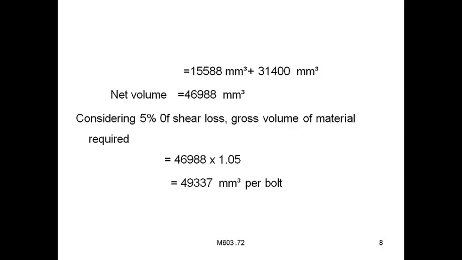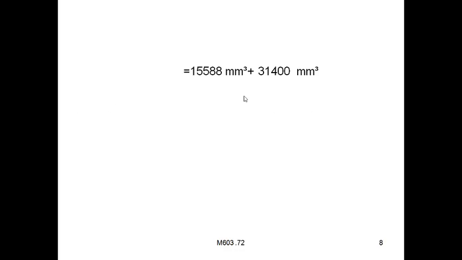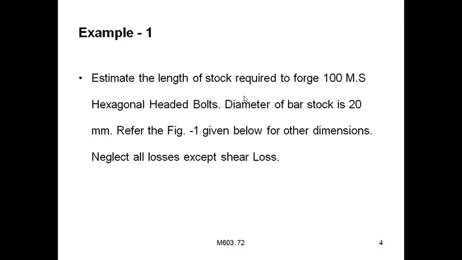So this is the gross weight. Let L be the length of the bar stock. So as of now he is asking to calculate the length of the bar stock required. Now you go back to the problem: estimate the length of the stock required to produce 100 hexagonal headed bolts.